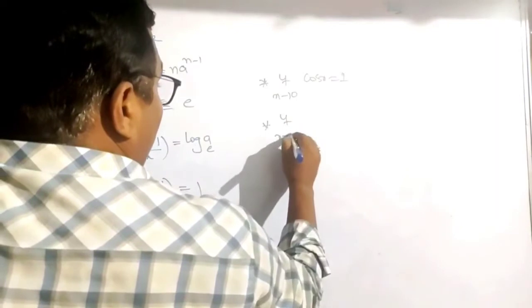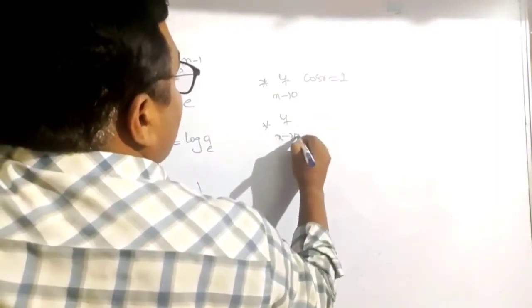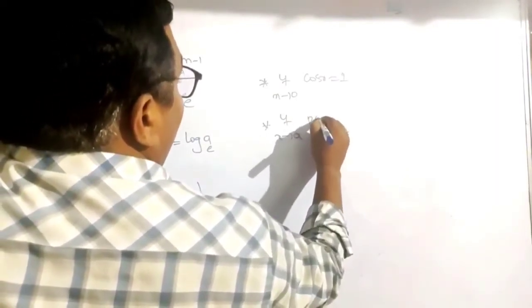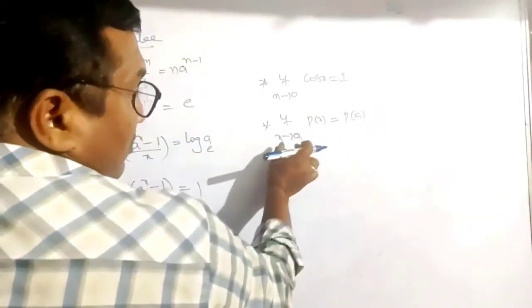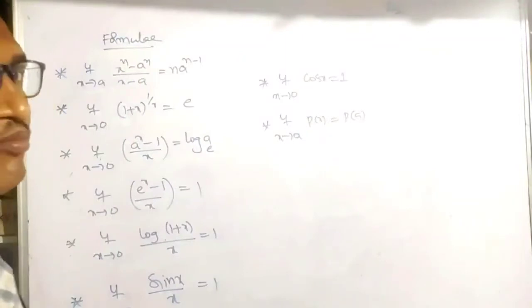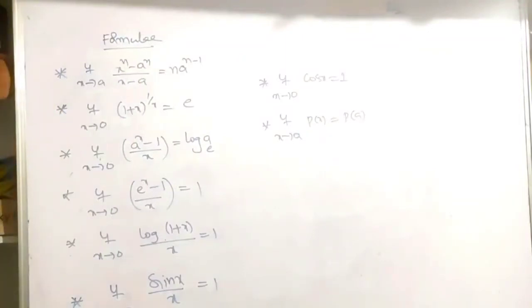And limit as x tends to a of p of x is equal to p of a. We can apply this formula when p of x is a polynomial. So these are the formulae we can use mainly in the exercise. Now I am going to explain some very important questions for the exams.